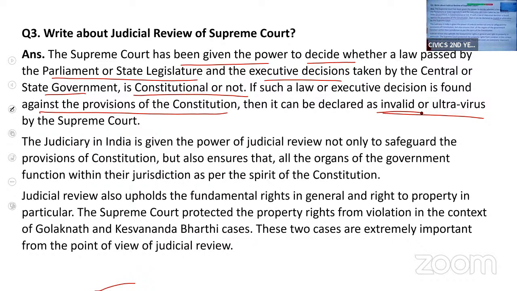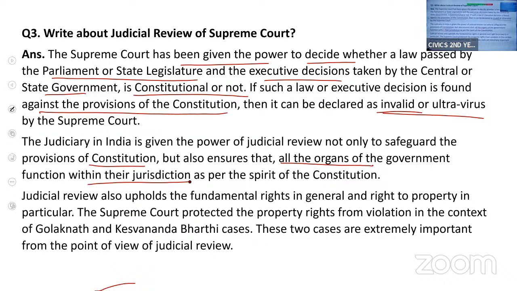So this power of judicial review is given to the judiciary not only to safeguard the constitution, but also to ensure that all the organs of the government function within their jurisdiction. That means through this power, the court will make sure that the other organs of the government, that is legislature and executive, are not misusing their power.